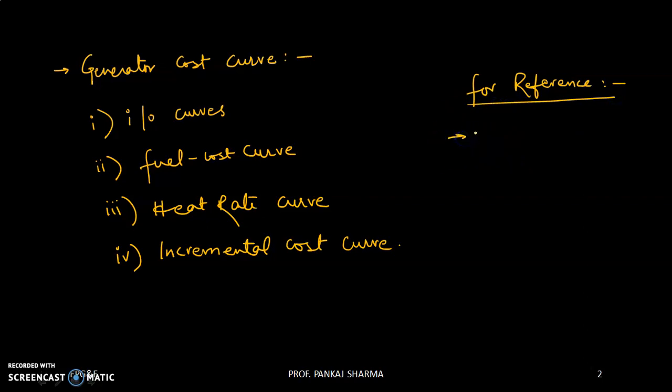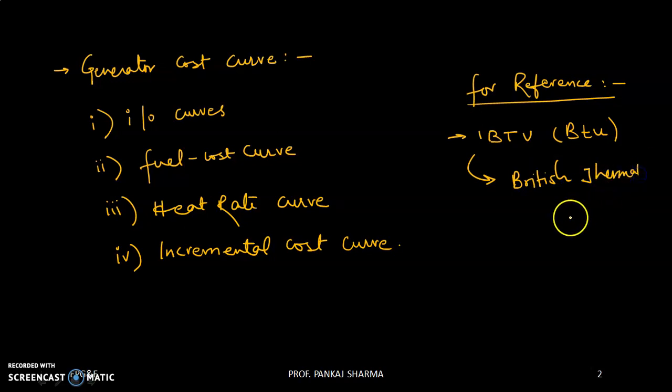The first one is 1 BTU, written as capital B, small t, small u, and the full form is British thermal unit, which is equal to 1054 joule.